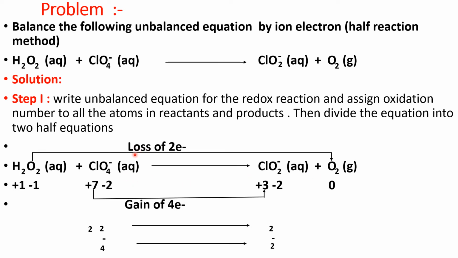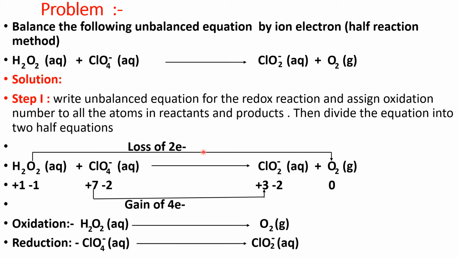There is a loss of electrons from oxygen: minus 1 oxidation state to 0 oxidation state. Here plus 7 oxidation state is converted into plus 3 oxidation state. That means gain of electrons, which is reduction, takes place, and loss of electrons means oxidation takes place.